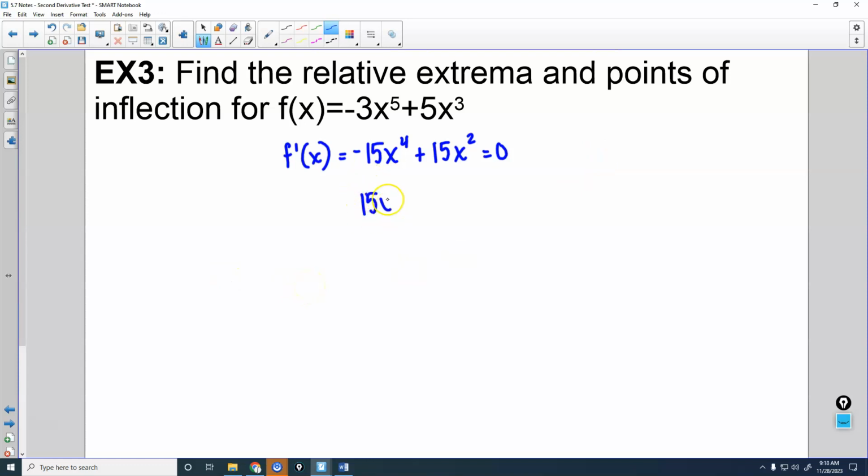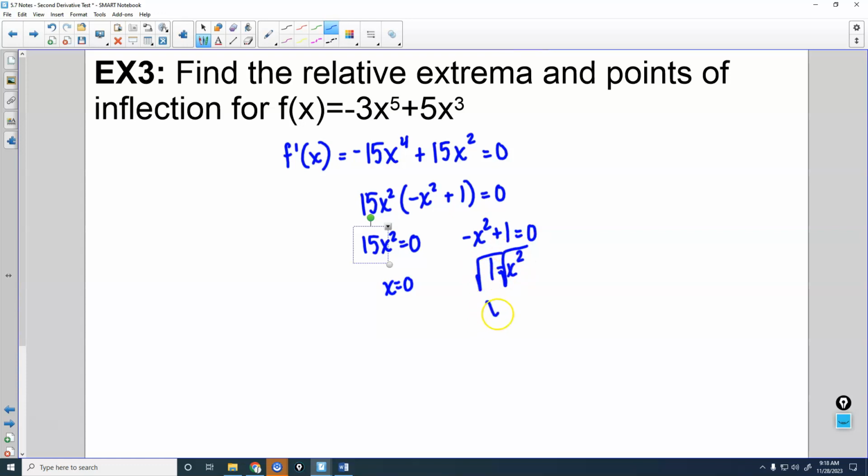So if I take out a 15x squared, I'll have negative x squared plus 1 equals 0. So I will have 15x squared equals 0, and I'll have negative x squared plus 1 equals 0. So here I'll just get x equals 0 whenever I solve that. Here I will get 1 equals x squared. I will square root both sides, and I will get x equals plus or minus 1.